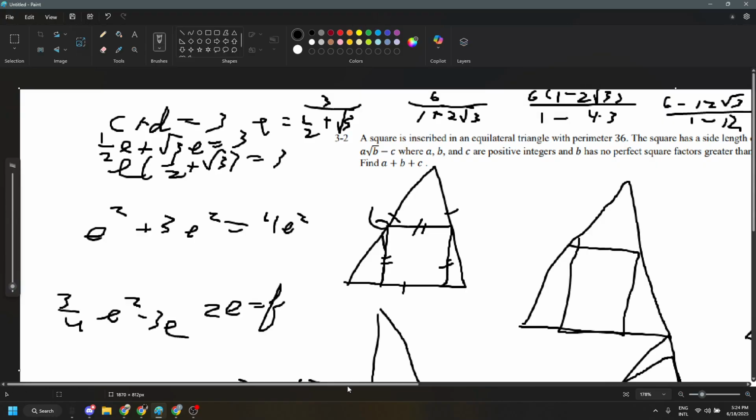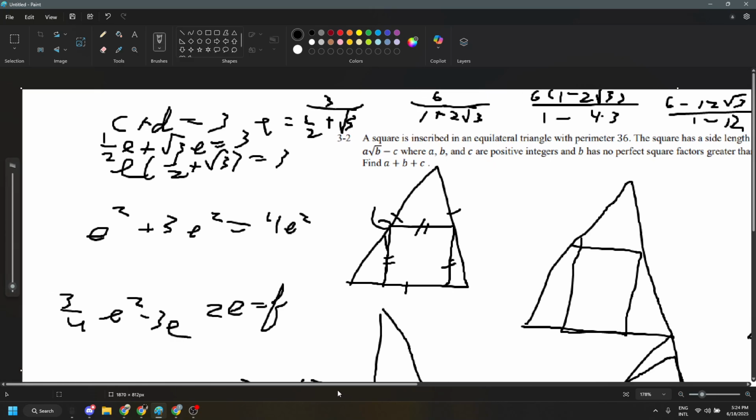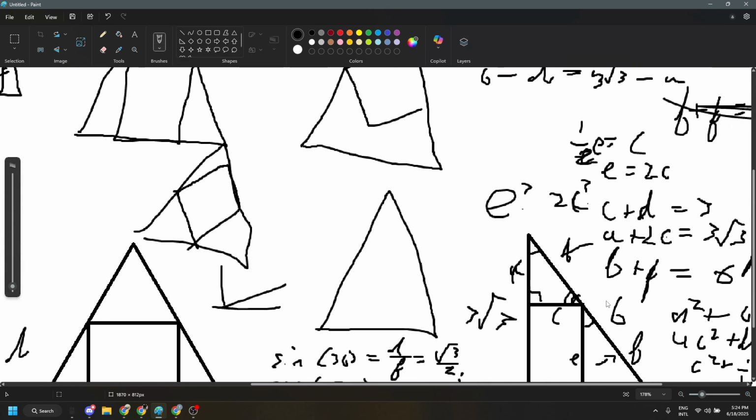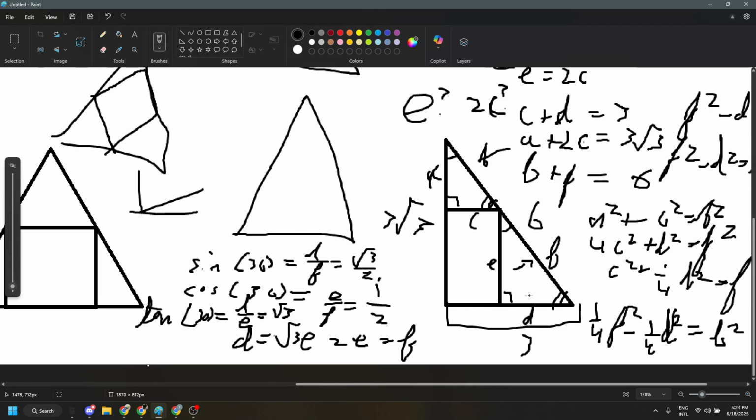We know A plus B plus B. Wait, whoa. We know C plus D is equal to 3. C plus D is equal to 3. And we could find both these in terms of E, right? C is in fact 1/2 E. D is, 30, 60, 90.